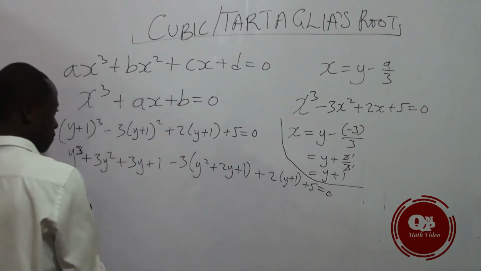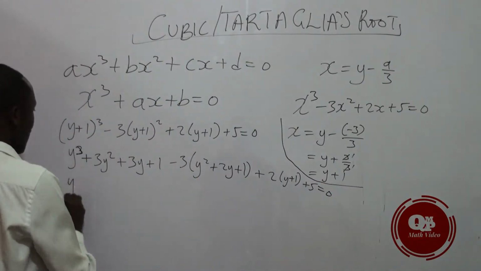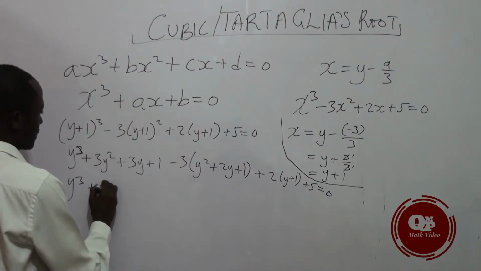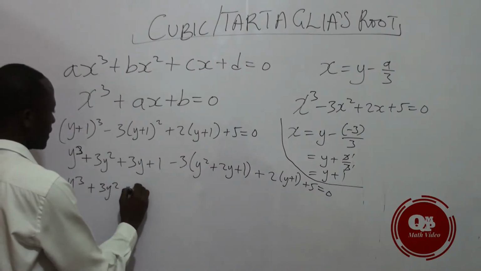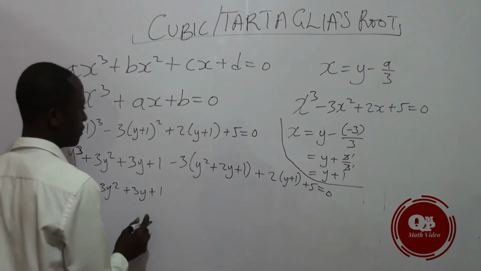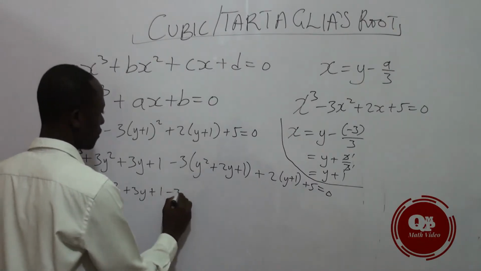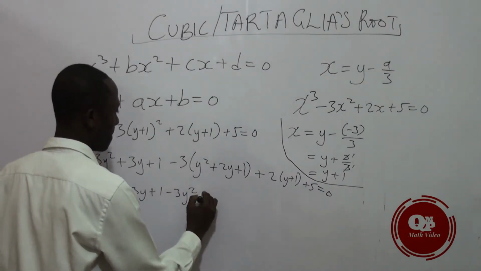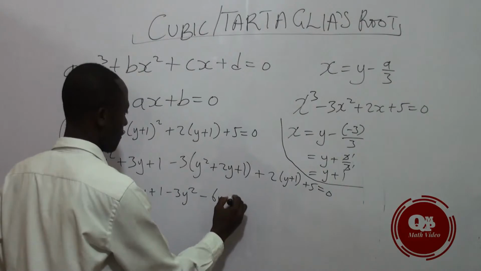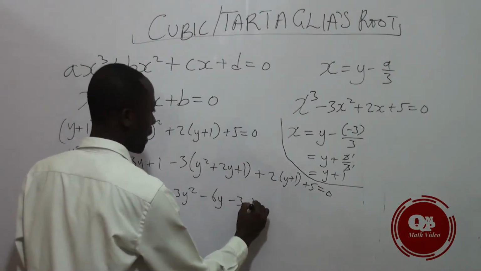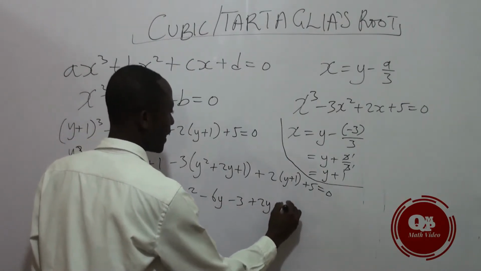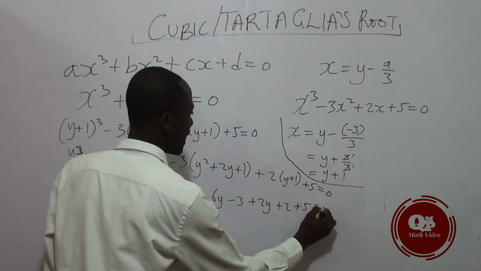Okay, let's move on. We have y cubed plus 3y squared plus 3y plus 1 minus 3y squared minus 6y minus 3 plus 2y plus 2 plus 5, that gives us 0.